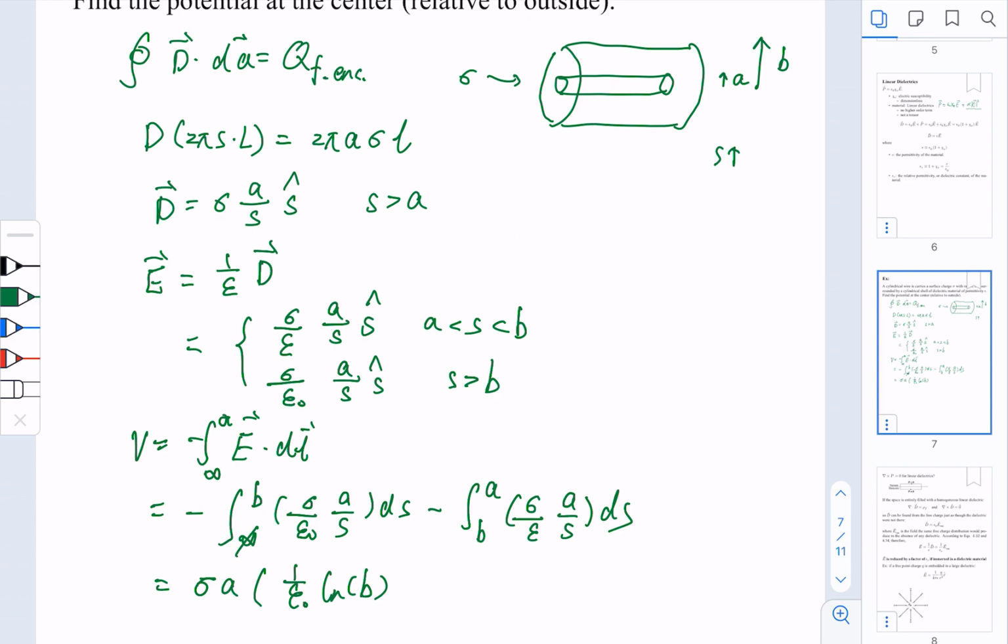Instead, one plausible choice is to place the boundary at B, and in this case this term can be neglected. Then we simply need to integrate the second term, which is 1 over epsilon log A minus 1 over epsilon log B.